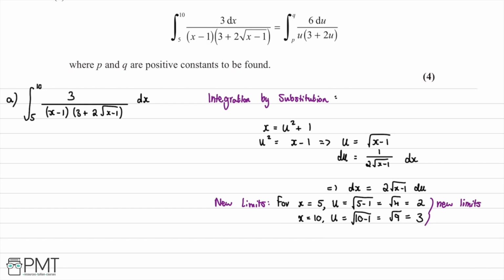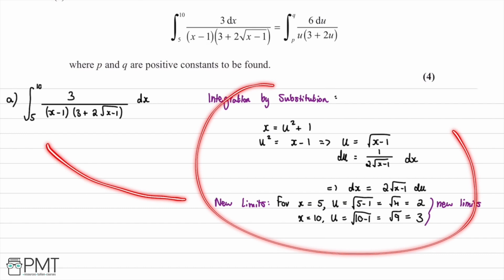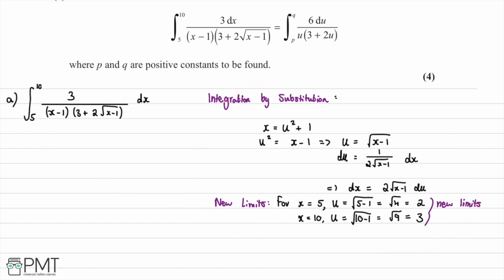And then what's left for us to do now? Well, we want to take all this new information that we have and substitute it back into our original equation. So this is going to be equal to an integral, but this time it's going to be limits from 2 to 3.